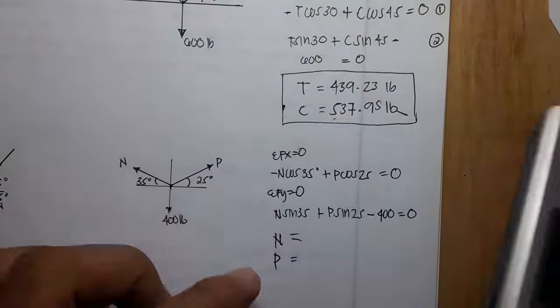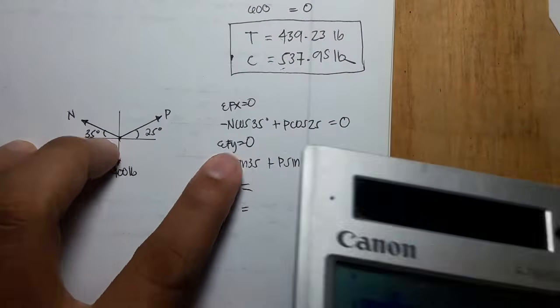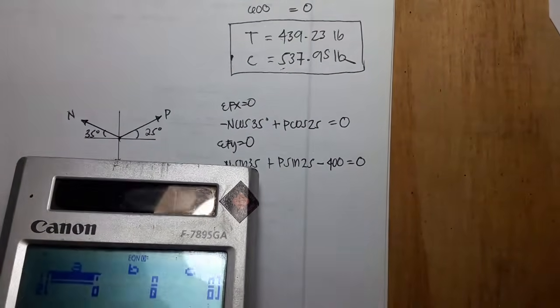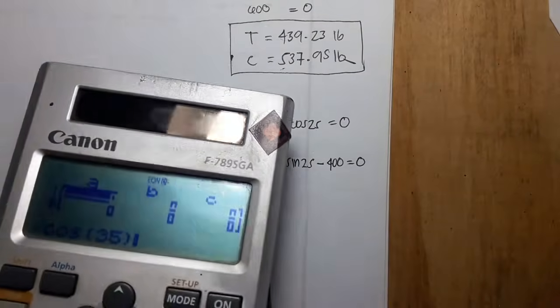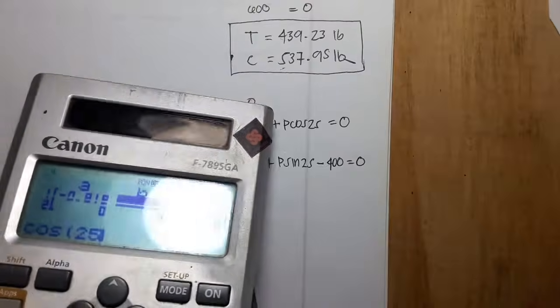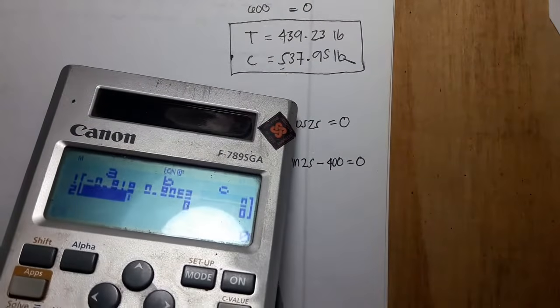So in our calculator, what we will be solving first is N, then P. We will just input these equations. N negative cosine of 35, then positive cosine 25, then the constant is 0.